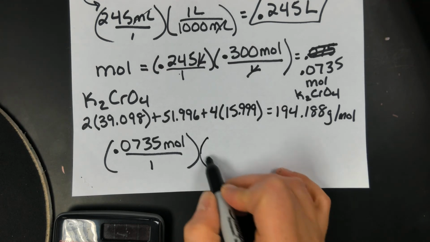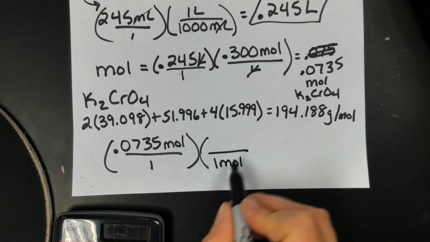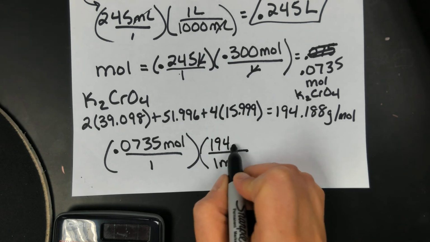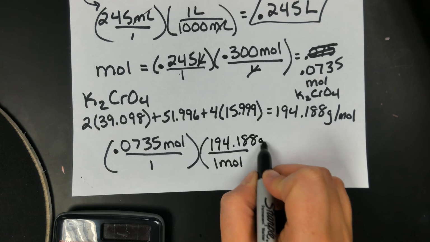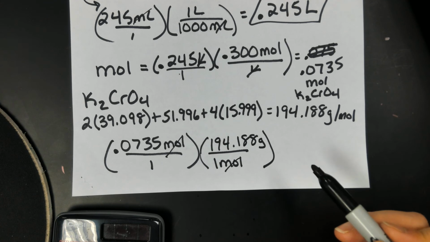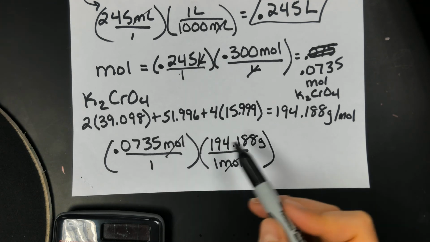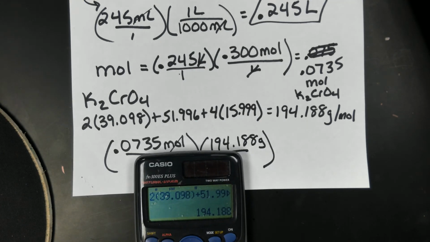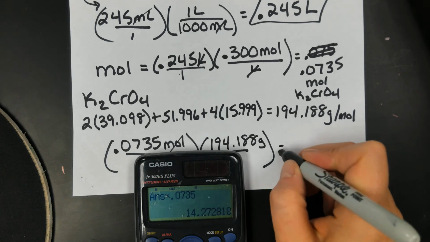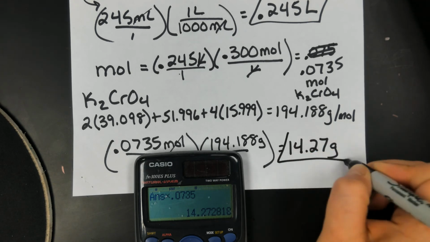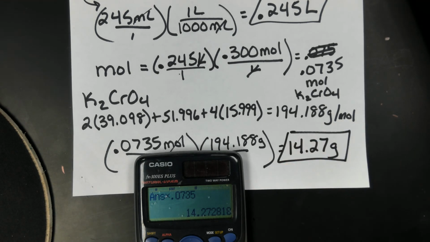So 1 mole is equal to 194.188 grams. So what happens to the moles? They cancel out. And I just need to multiply these two numbers. So I already have the molar mass in my calculator. So I'm just going to multiply that by 0.0735. I get a mass of 14.27 grams. Wow. So that is the final answer.